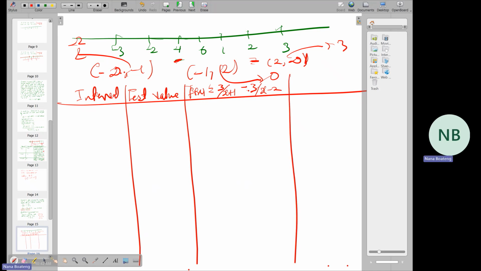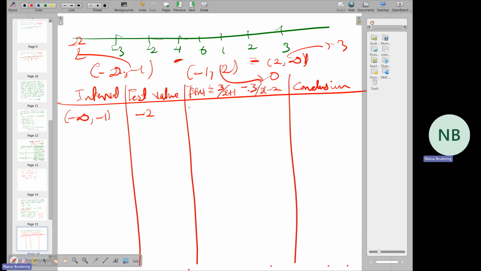We can have our conclusion here. Okay, so minus infinity to -1, our test value is -2.